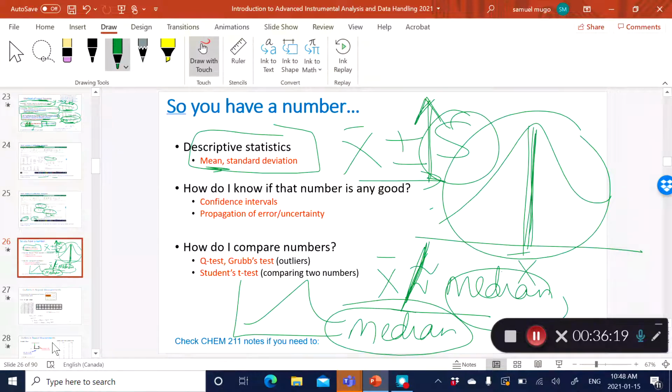So how do I know the data is fairly good? I look at the confidence interval, and as I've mentioned, you look at the error. If the error is very, very large, then you should realize you've got a problem right there, and you should look at your data again. Of course, the uncertainty could just be something related with the instrument.